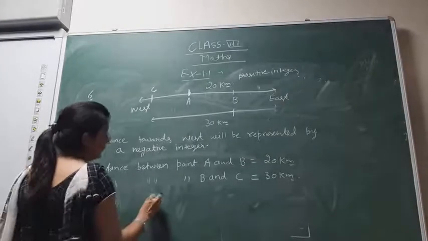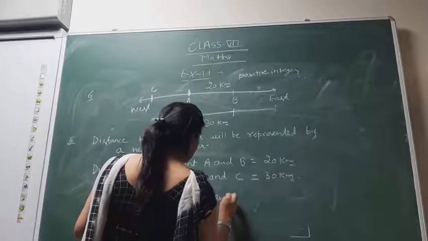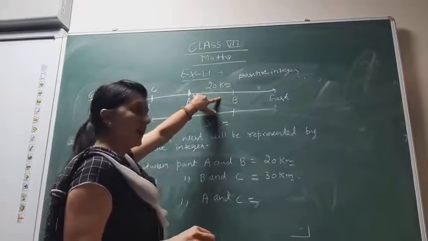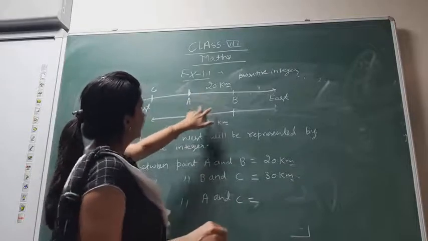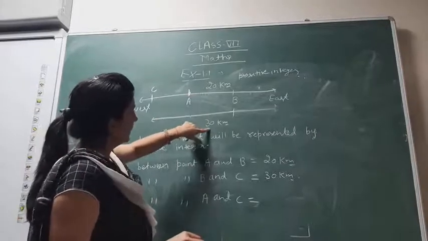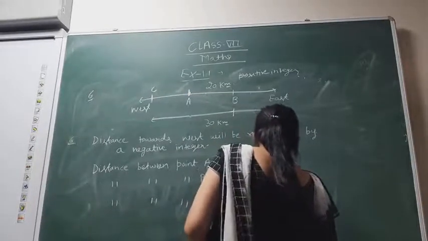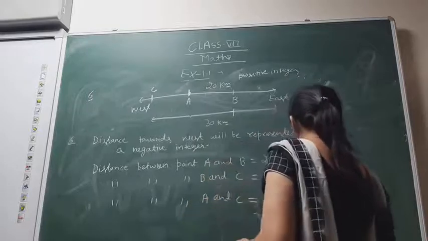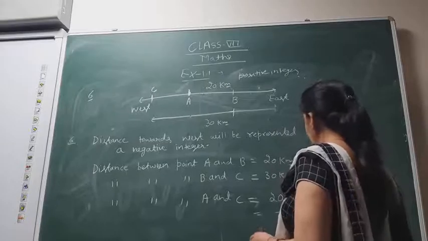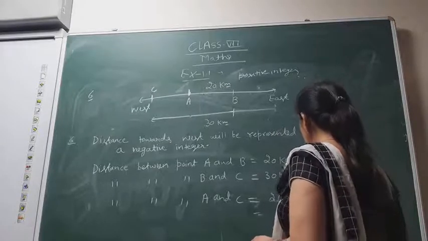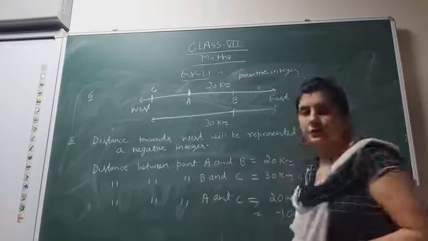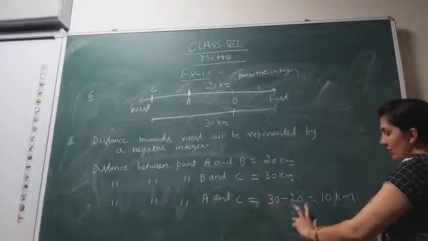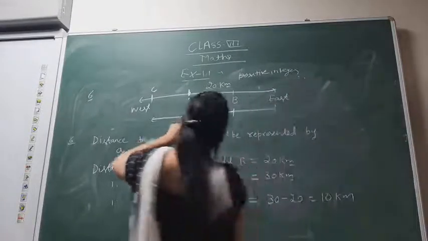So distance between point A and C: 30 kilometer is total distance from B to C, from which 20 kilometer is distance from A to B. So we are left with the distance from A to C. So 30 minus 20, it is 10 kilometer, because distance can never be negative.